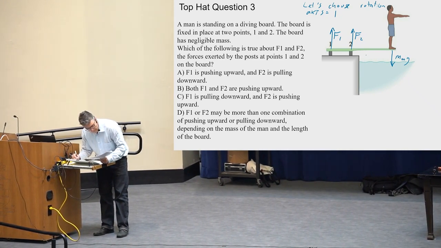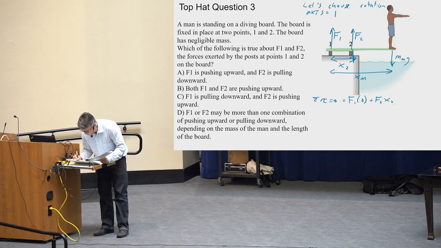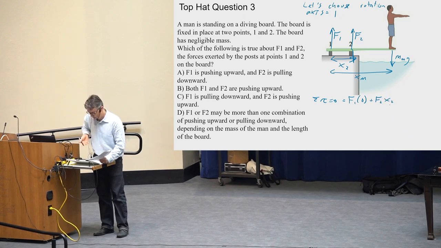There might even be a mass of the board, but I think they said it's negligible. So x2 is the distance from here to here, and x_m is from the left end to the man. The sum of the torques equals 0, so F1 times 0 plus F2 times x2, and the way I've drawn it, counterclockwise, it'll be plus, even though it might not be right.